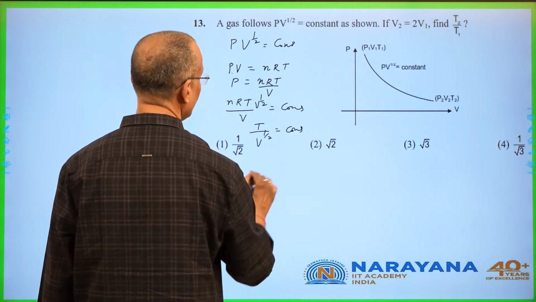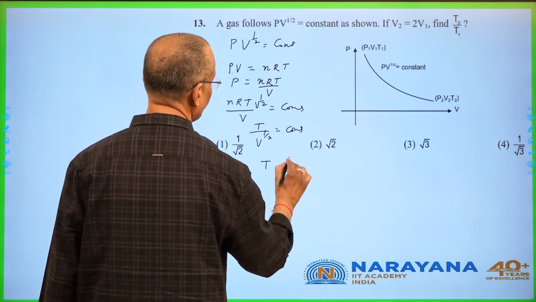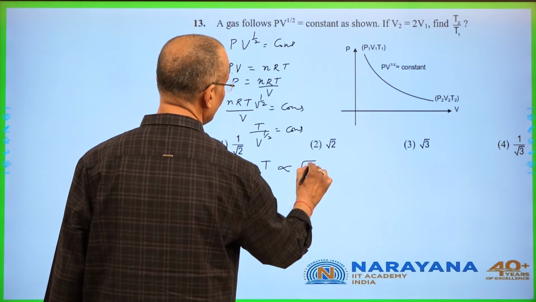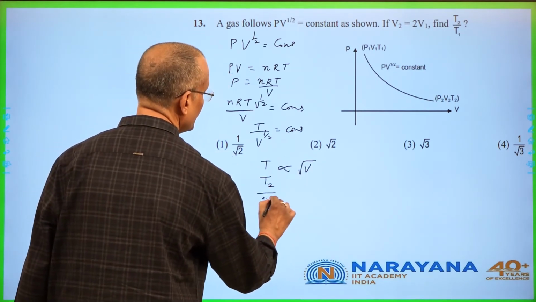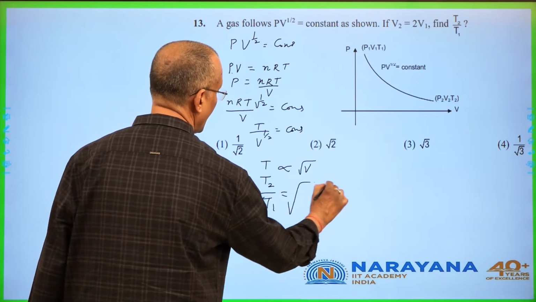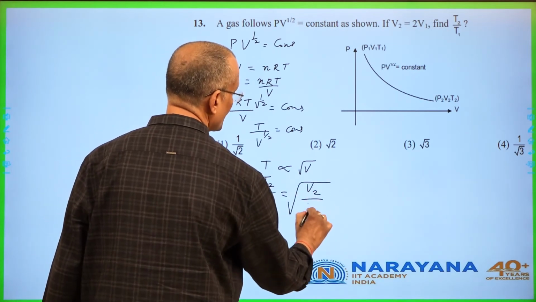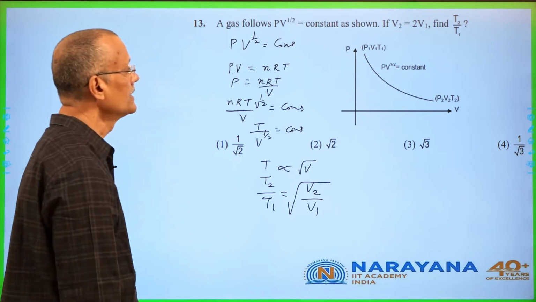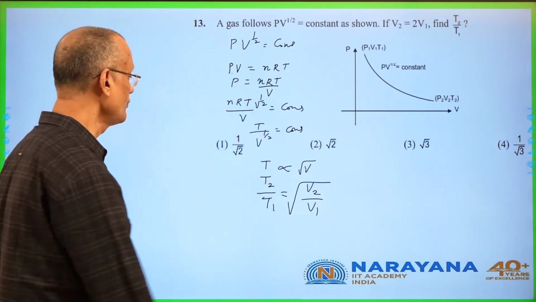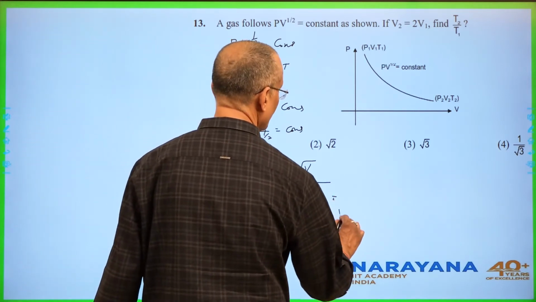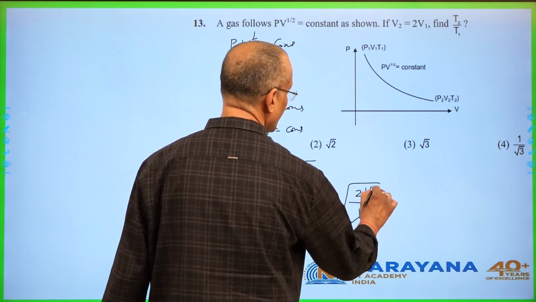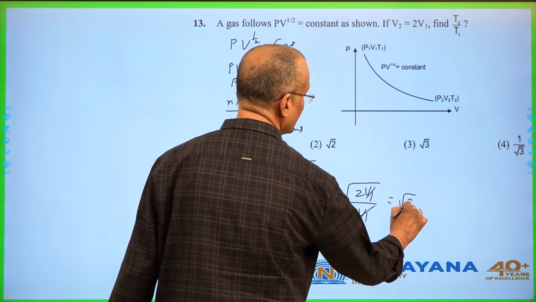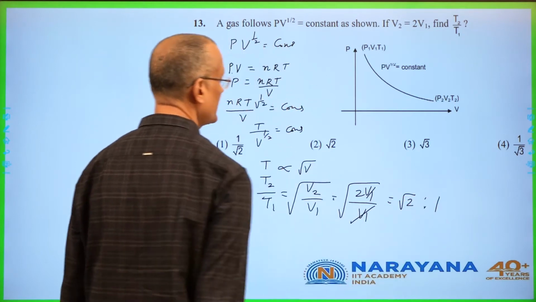They are asking you T2 by T1. So T is proportional to root V. So T2 by T1 is root of V2 by V1. They have given you V2 as 2V1, so it is equal to root of 2V1 by V1. V1 is cancelled. It is root 2 is to 1.